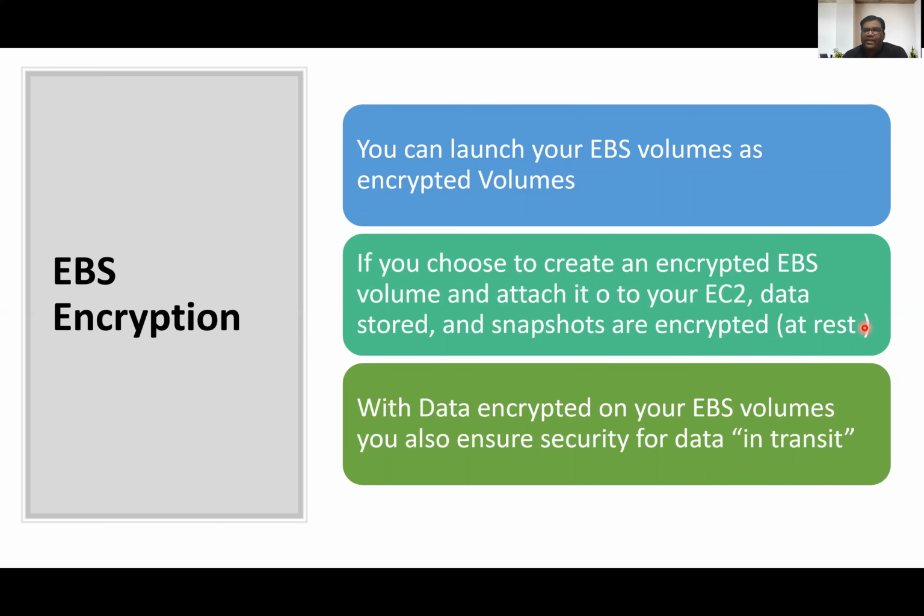Encryption at rest means when data is sitting on that volume, it's encrypted. And with data encrypted on your EBS volumes, you also ensure the security of data in transit, which means if data is moving from point A to point B in an encrypted EBS volume, it's also secured and encrypted while moving.